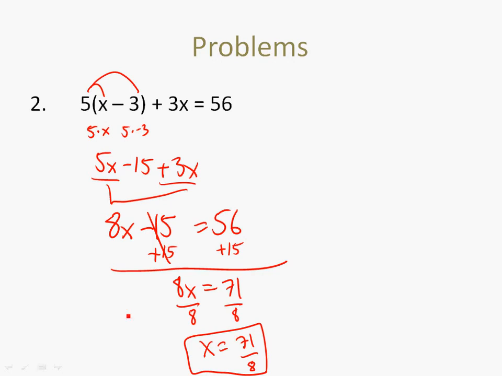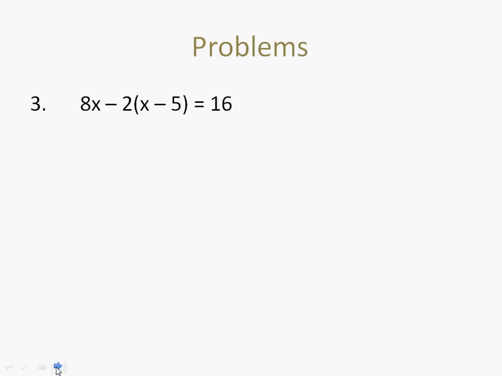You can do it in your sleep once you've got it simplified. Okay, last one. Let's throw in another little twist. Make sure we remember our stuff good. So you're already taking your finger, covering up the 16. I love it. Good job. Now, we've got 8x minus 2 parentheses x minus 5. Same thing here. Make sure we do the right order of operations when we simplify.